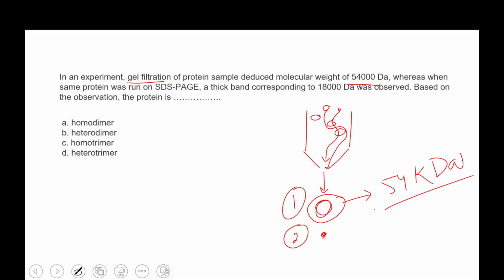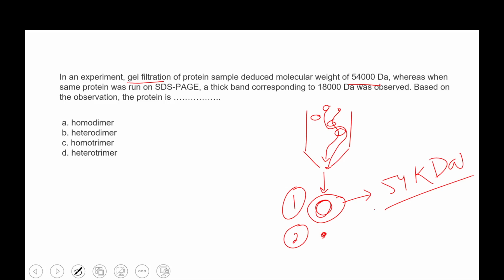What is SDS-PAGE? Do you people know? What is SDS? Please try to answer.